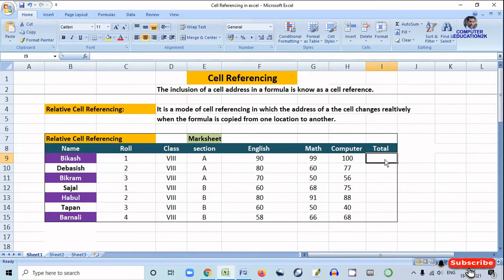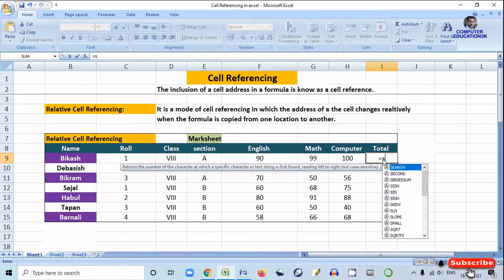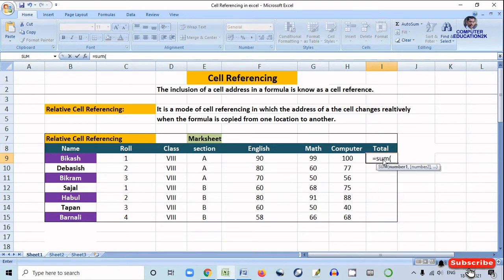So in this cell we will find the total, and for finding the total we can use the sum formula. So we will write in this cell equals to SUM bracket, and then we will drag from this cell to this cell and close the bracket.